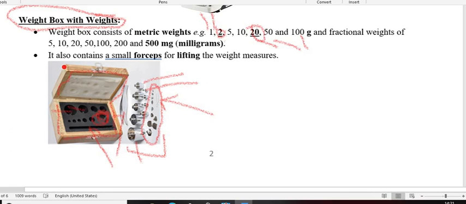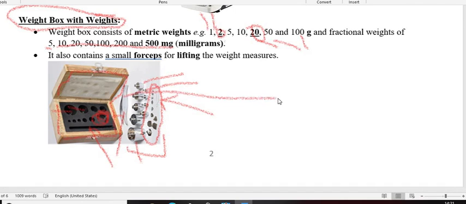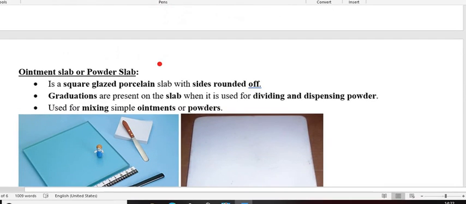Other than that, the milligram weights are 5 milligram, 10, 20, 50, 100, 200 and 500 milligram. Forceps should be used for lifting the weights. So this is about the weight box and weights.